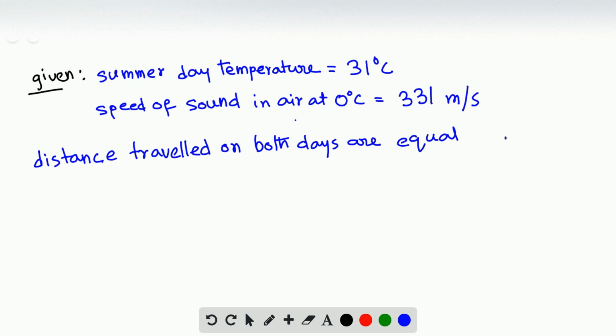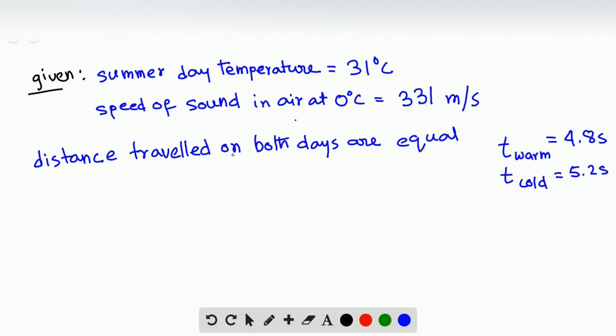So the time on the warm day is 4.8 seconds, and the time on the cold day is 5.2 seconds, right?